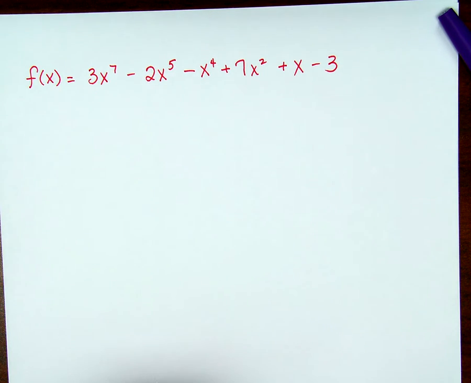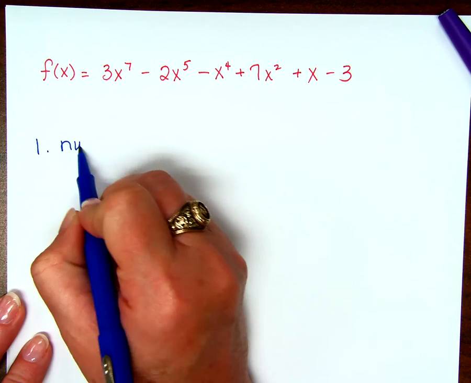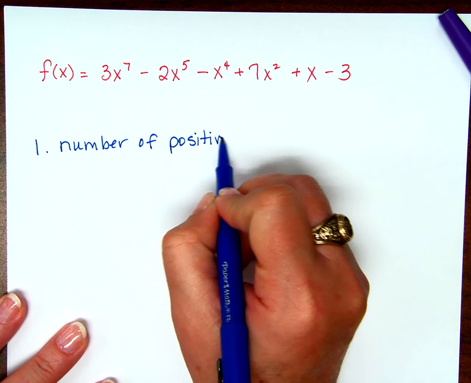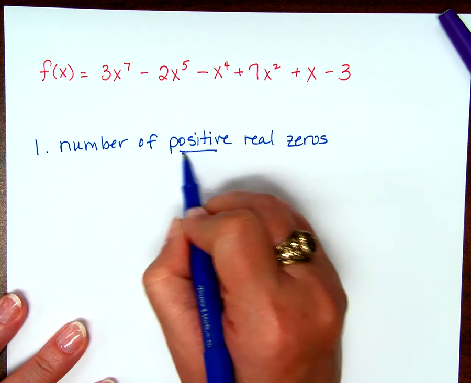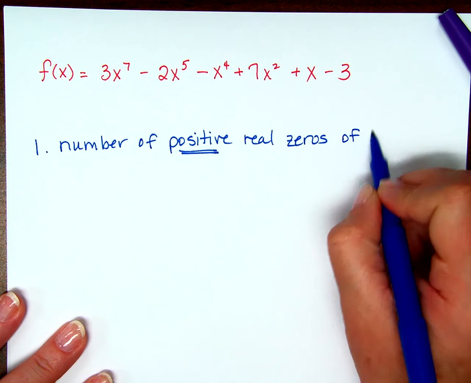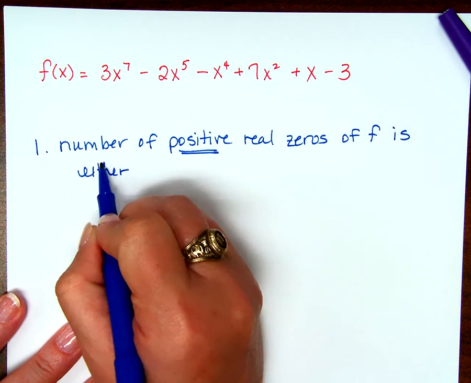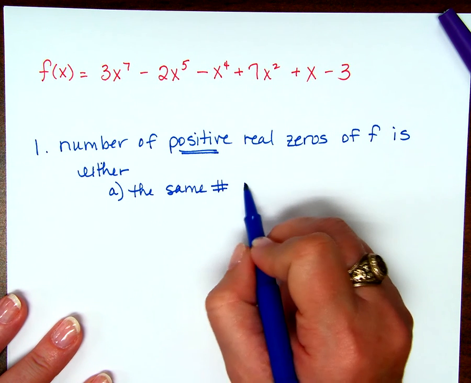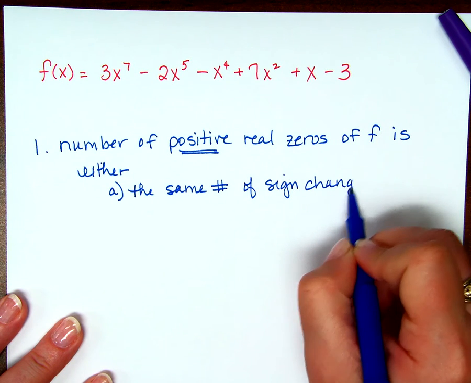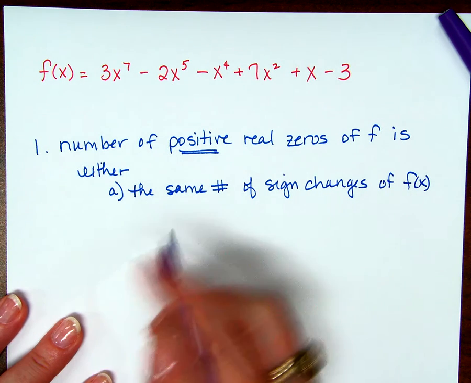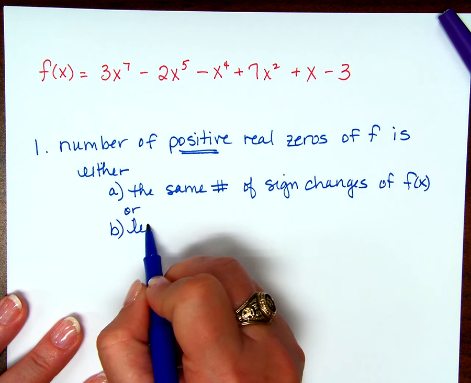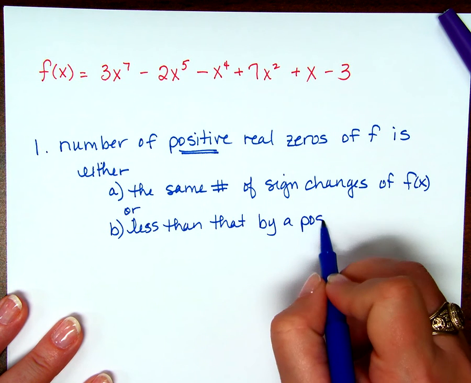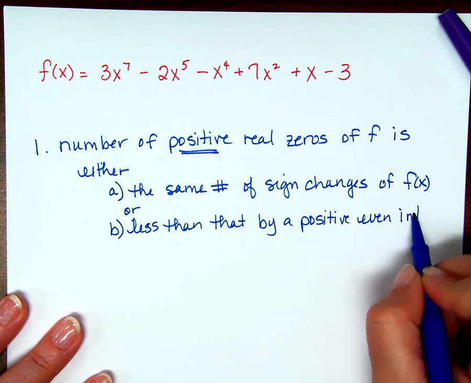Okay, so what Descartes' rule of signs says, let me use blue so we're a different color here. It says that the number of positive real zeros of f is either A, the same number of sign changes of f of x, or less than that by a positive even integer.